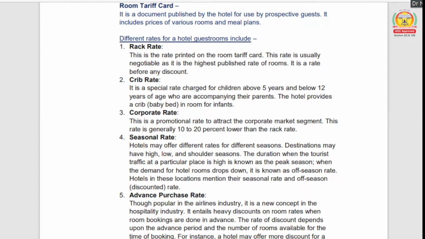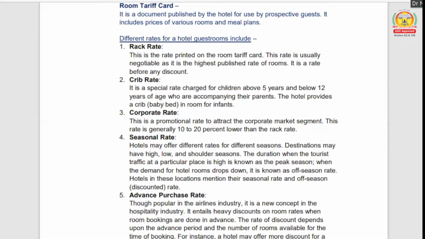Now we have seasonal corporate rate. Corporate, by the name you can understand, is about companies. So this is a promotional rate to attract the corporate market segment. The corporate market segment needs to be targeted for revenue generation. So there is a promotional rate, which is the corporate rate, which is fixed. This rate is generally 10 to 20% lower than the rack rate.